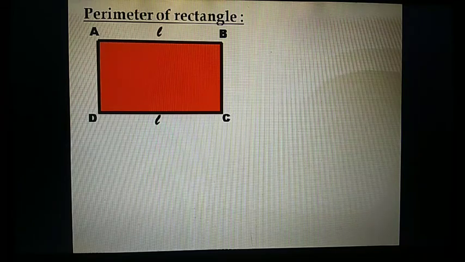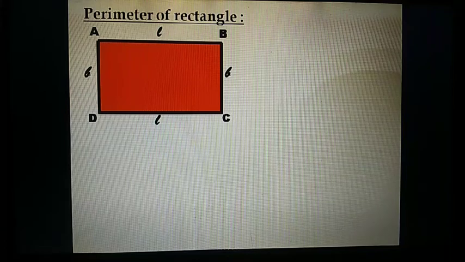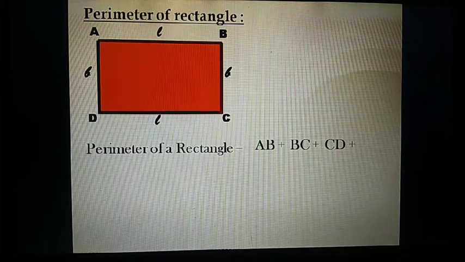Thus, we can denote AB and CD by L and BC and AD by B. Now as you are supposed to find perimeter, perimeter means boundary length. It means we are supposed to add the lengths of all the sides of the rectangle.